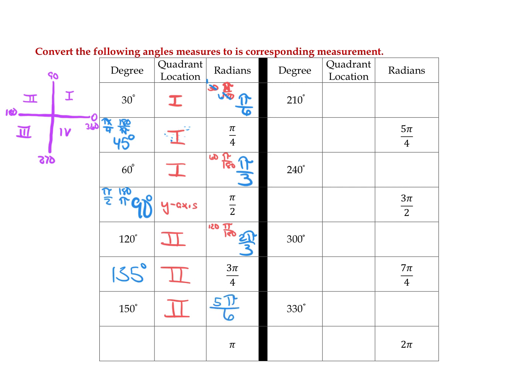And then pi, hopefully remember from that little video we watched, that's 180 degrees, and that is on the x-axis. Now I continue with 210. 210 is in quadrant 3, because that's over 180, and that's going to be 7 pi over 6.